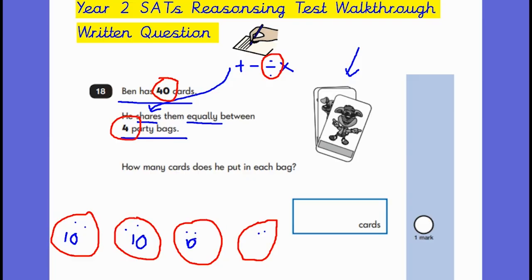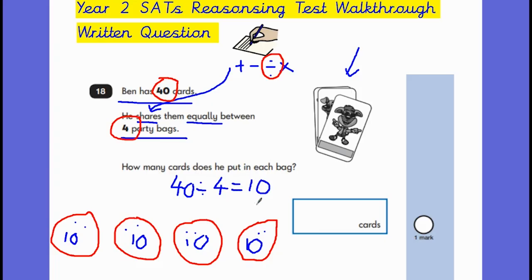Now, if they find that a bit of a long way to do it, and they know what 40 divided by 4 is, then they could draw the circle and just write 10 in like this, 10, 20, 30, 40, or even if they don't need to draw anything, they can just do the number sentence, 40 divided by 4, and the answer would be 10.